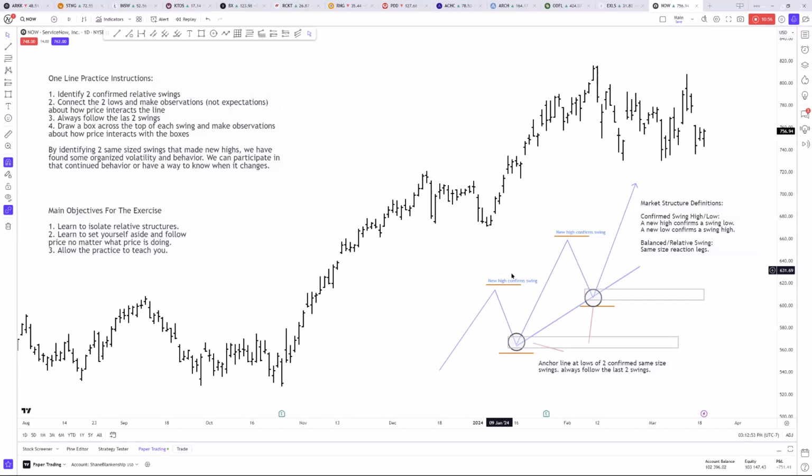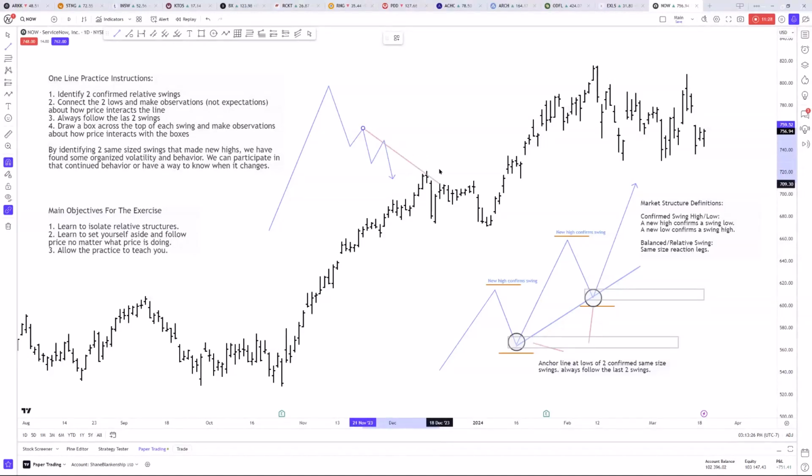Now, one of my favorite situations to put this in is, say, when a market's in an uptrend and it's pulling back, and I get one wave and I get another wave that are the same size. So now I'm taking the exercise and I'm using it very specifically in a reaction leg.